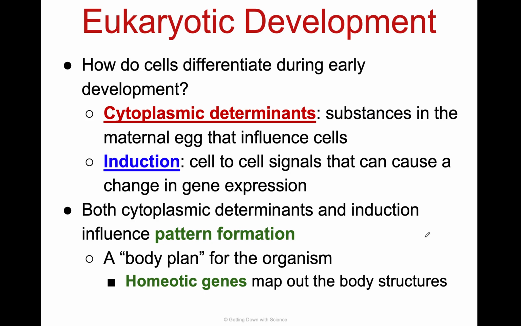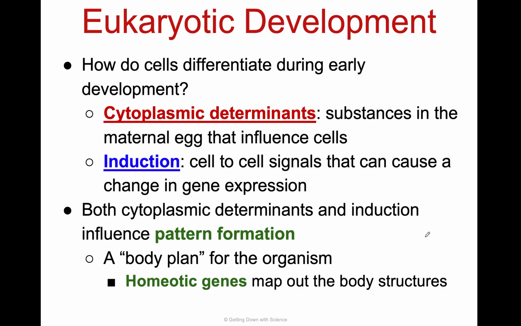Just know that there are genes that code for you should go here, you should go there, right? During embryonic development in eukaryotic cells. It's really cool. So there are these genes that are only active during development as well, to form that body plan before things start growing and dividing.